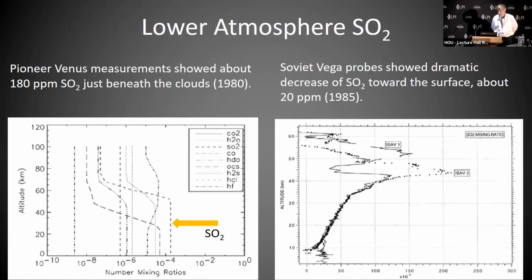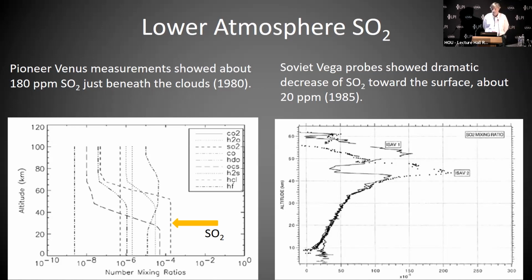So here's the conflicting data that I don't know if anyone's mentioned so far. The plot on the left is a general view of the different gaseous species, and you'll see that SO2 is typically from the Pioneer Venus mass spectroscopy data about 180 parts per million below the clouds, and pretty much assumed to be a straight line, well mixed to the surface.